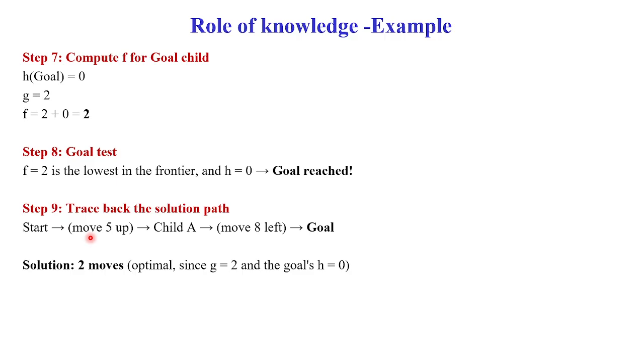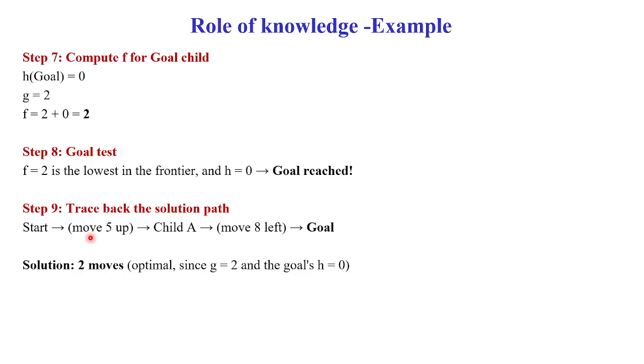A lot of discussion happened. I tried to solve one, and the same procedure we can use to solve the others. A star with Manhattan distance solved this puzzle in two moves, expanding only two nodes beyond the start.